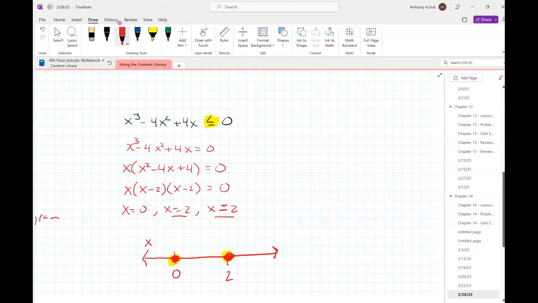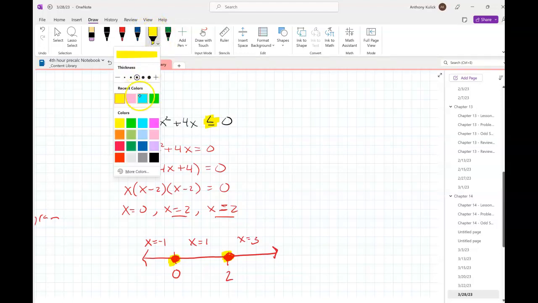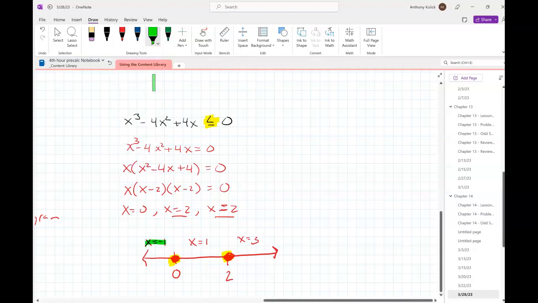Okay. Do the same thing. Let's pick some test values, 1 in each interval. So if I plug -1 in, I get negative times negative times negative. 3 negatives is negative.